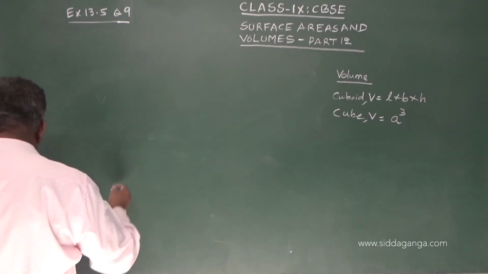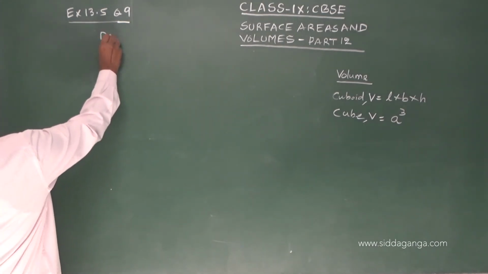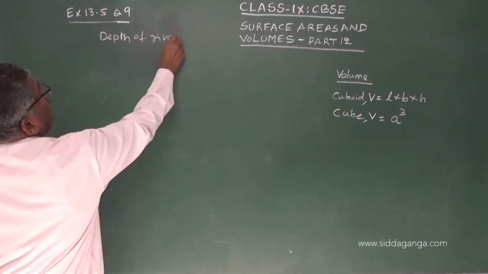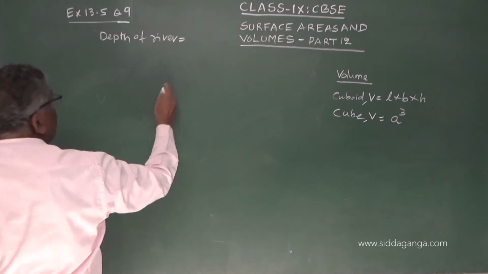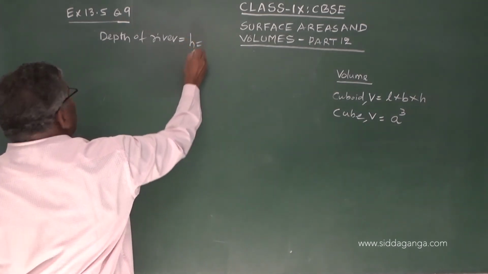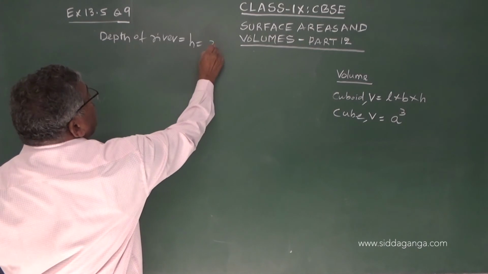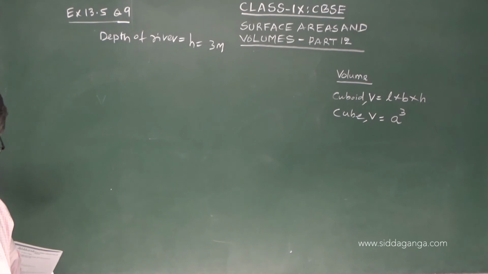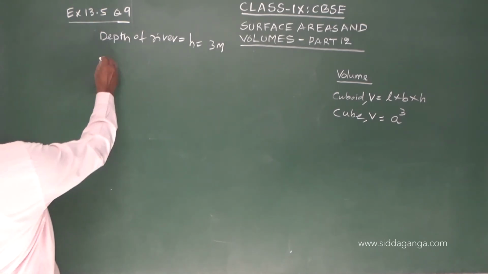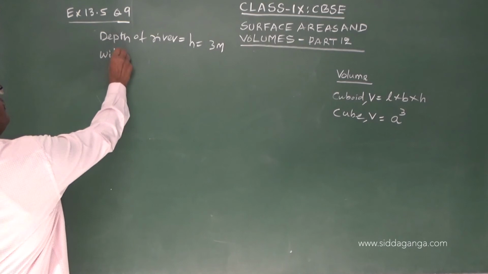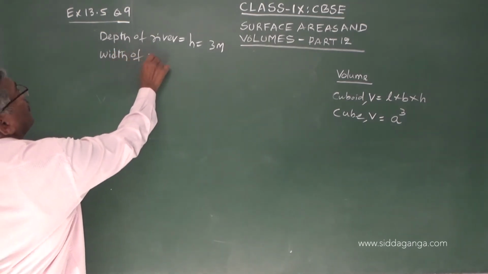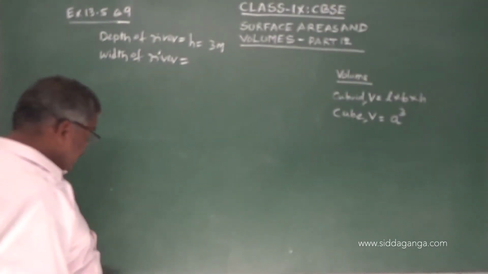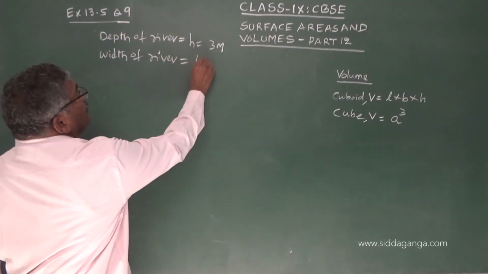Depth of river, so we can take it as h, 3 meter. This is one of the given data. Width of river is 40 meter.